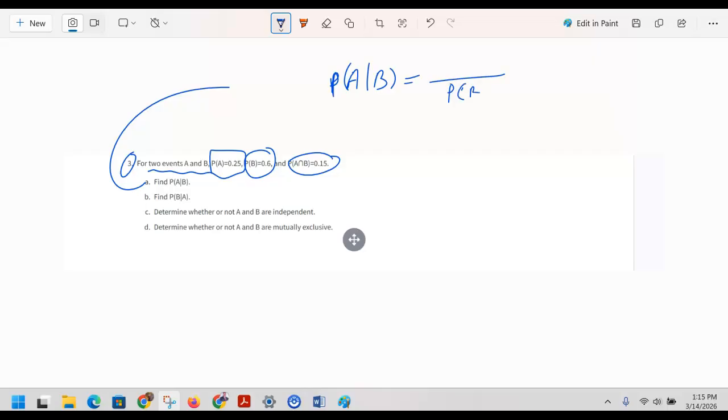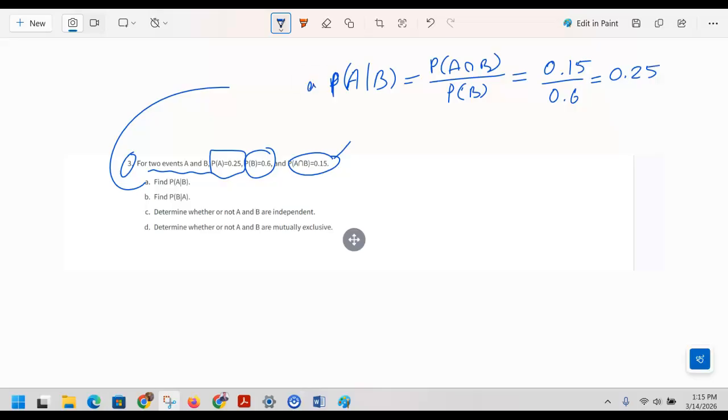B goes down, and this is probability of A and B, which is 0.15, and B is 0.6. So this will give you 0.25. So A is done.